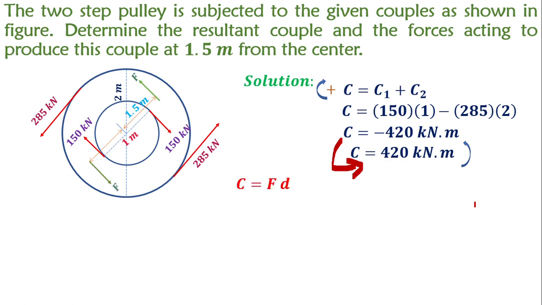Ayan. So, C. We have to solve for the couple. Ayan. So, we have the D is equal to 1.5, 2. So, we have 3. Kasi 1.5 to, 1.5 to. Excuse me. Kasi baka mamaya, ang mailagay mo lang 1.5.